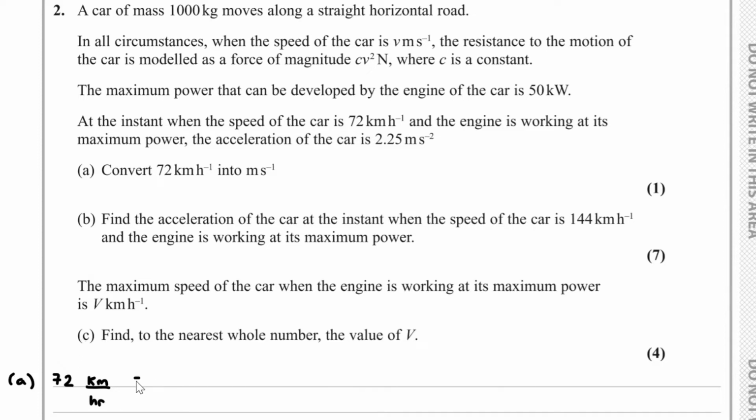First thing we can do is multiply by 1000. This will convert the kilometers to meters, and then we divide this by 3600, which will ensure we get the hours converted to the seconds. So it turns out over here we get 20 meters per second.